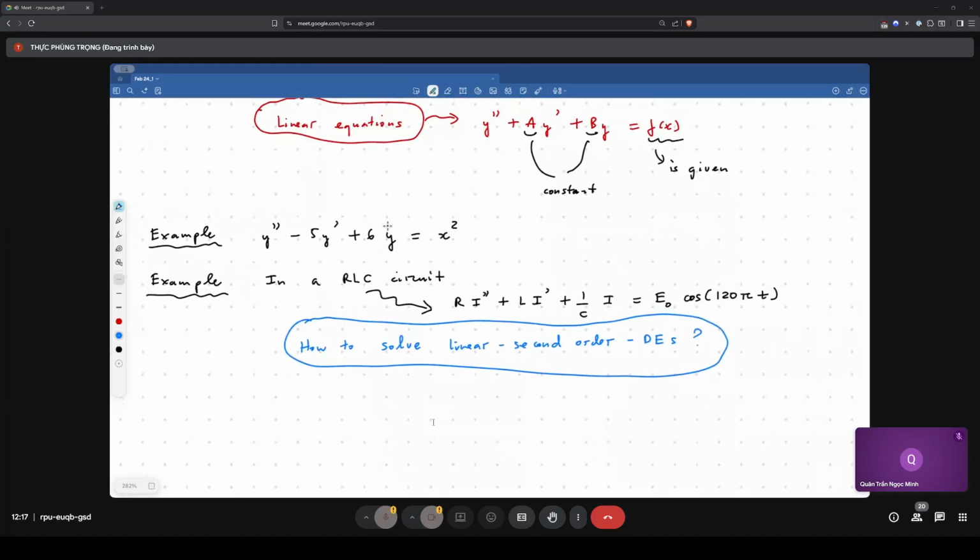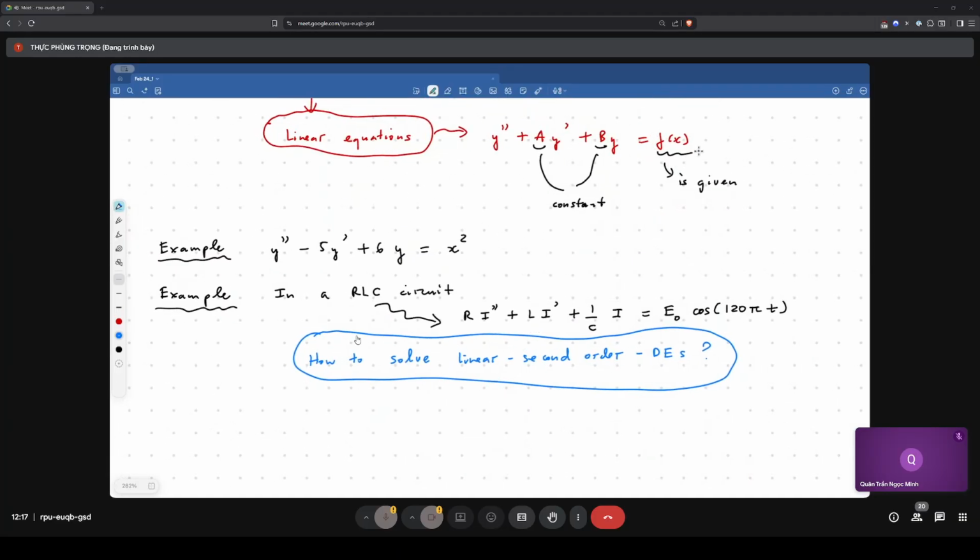When you look at linear equations, you may know that the right-hand side, f, of course, can be any function. But let's say you consider the simple situation when f is always zero. Then it would be similar to the zero situation, right?